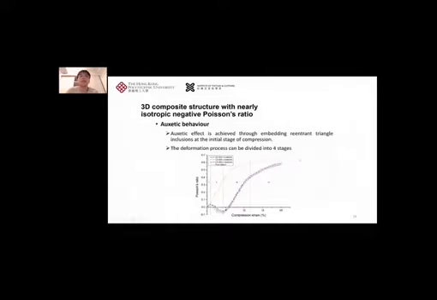Here shows one result of one type of composite we made. From this figure, we can see very clearly that there are some areas where the Poisson's ratios are negative, but the majority are positive, of course.